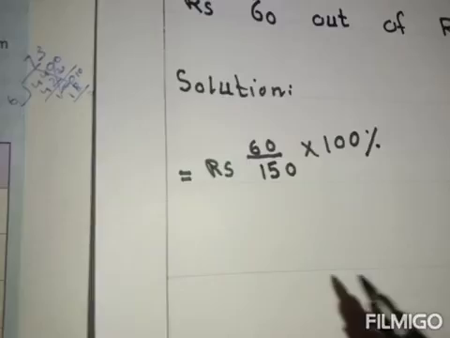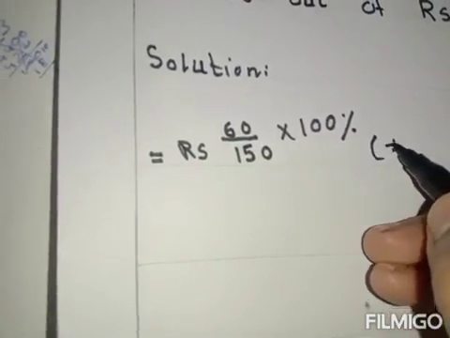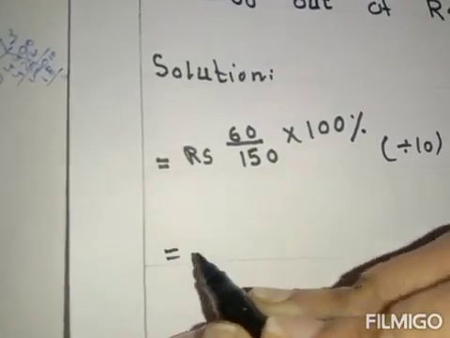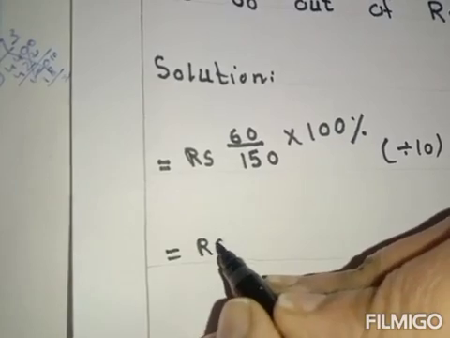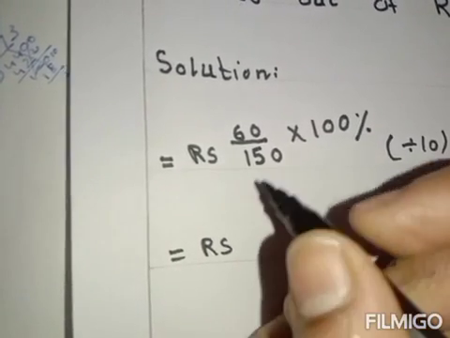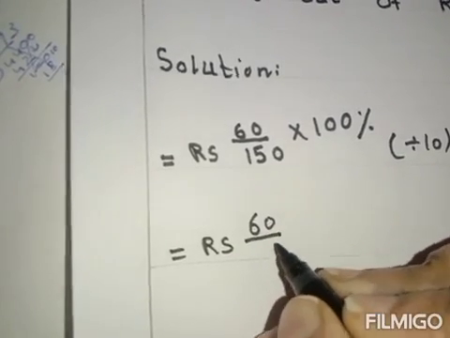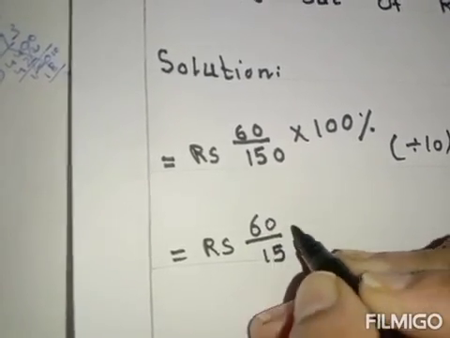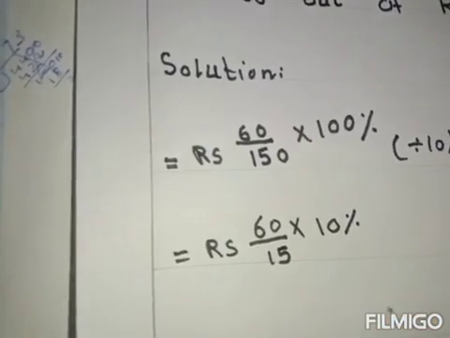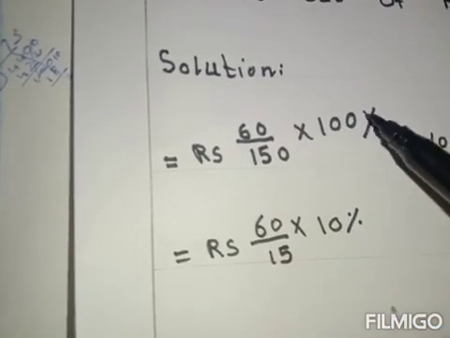So on dividing it by 10 we get rupees 60 out of 15 multiplied by 10%. 10 15s are 150 and 10 10s are 100.